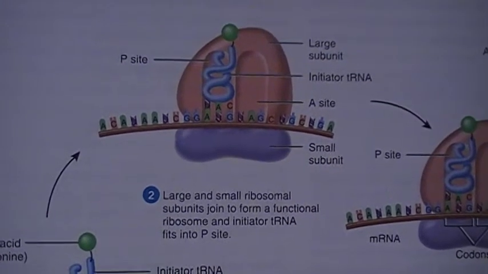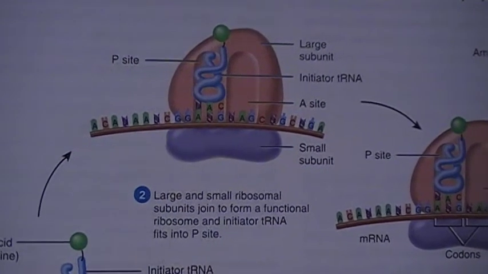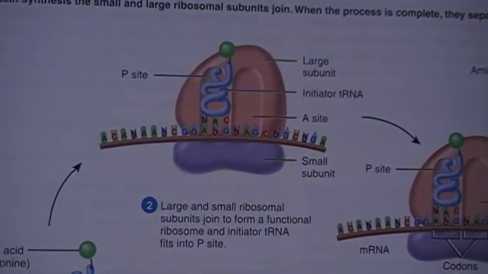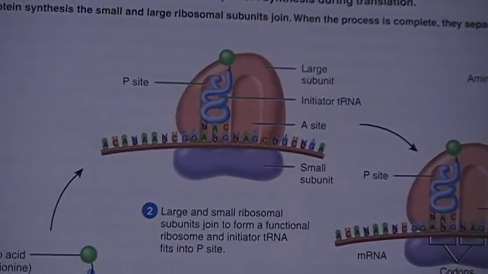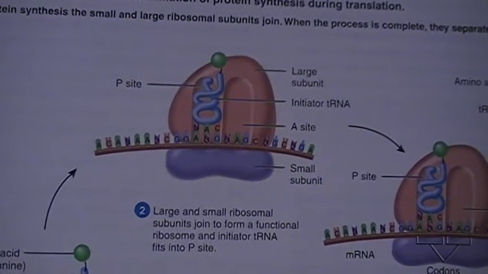So I can see a large subunit there, and the initiator tRNA fits into the P site. You can see the P site there.